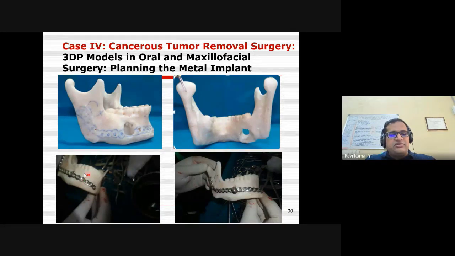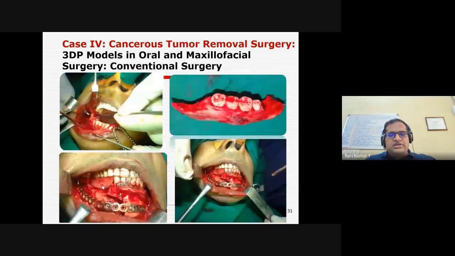But anyway, what we did at that point was that they made use of these models for bending these plates to the patient-specific shape, and they did the bone grafting ultimately. Why?